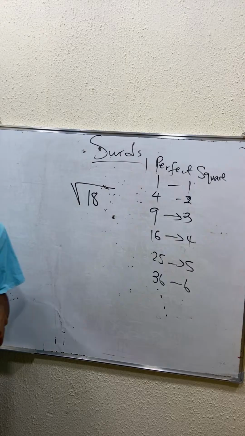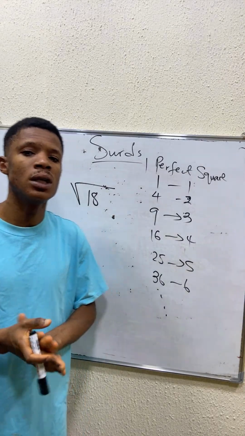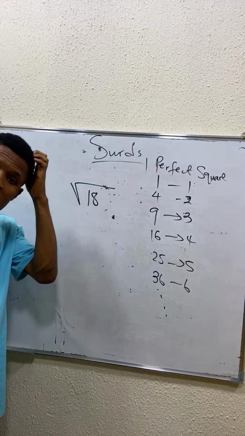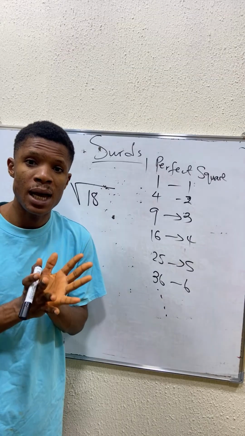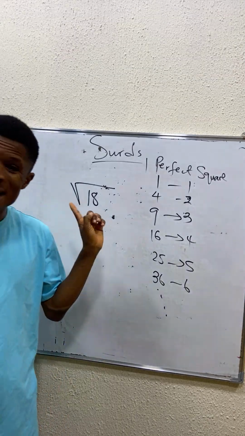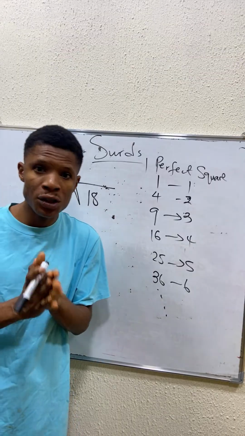To simplify root 18, it is very, very simple. All you need to do in simplifying numbers like root 18 is to think of two numbers that, once you multiply them, you get 18. But one of them will be a perfect square, the other will not.